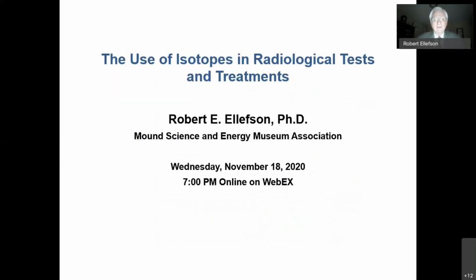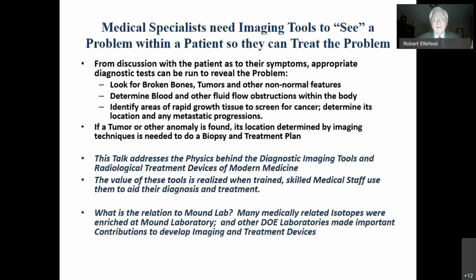Good evening and welcome to this talk this evening on the use of isotopes in radiological tests and treatments. Medical specialists need imaging tools to see a problem with a patient so that they can actually treat the problem.